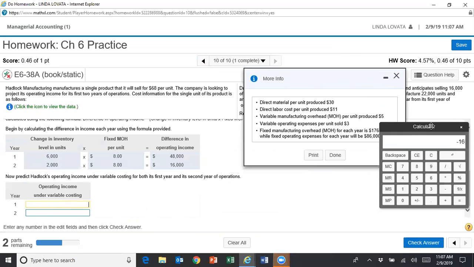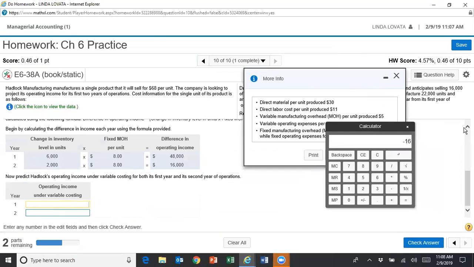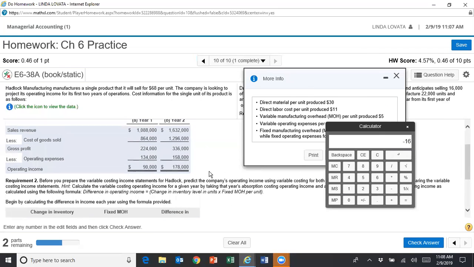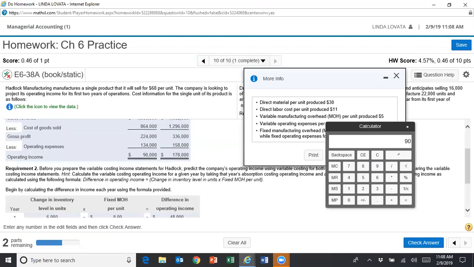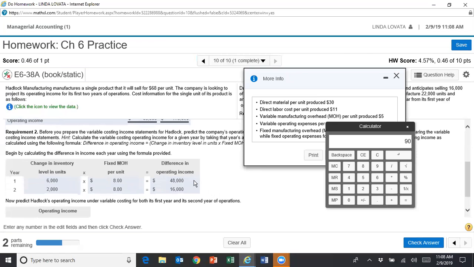So let's see what we got up here. Where's my scroll bar? So I had 90,000, and I'm saying that that's under absorption. So I'm thinking the absorption will be higher, so I need to subtract out the 48.